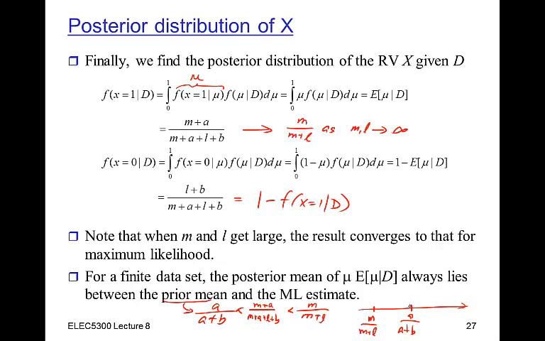And as I collect more and more data, the estimate is going to start shifting from this point here to get closer and closer to this point here. So if a and b are very large compared to m and l, it's going to be closer to this. But if m and l are large compared to a and b, it's going to be down closer to this.